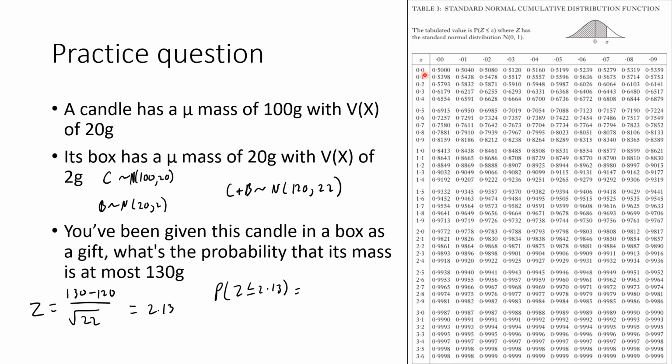We go here, 2.1, we go along a bit, 2.13, we get 0.9834. The probability of the mass being at most 130 grams is 98.34%.